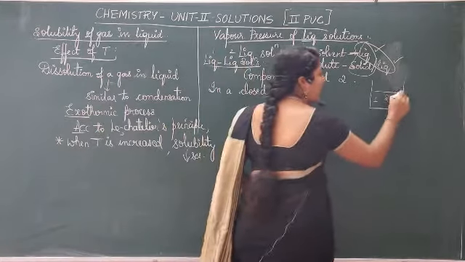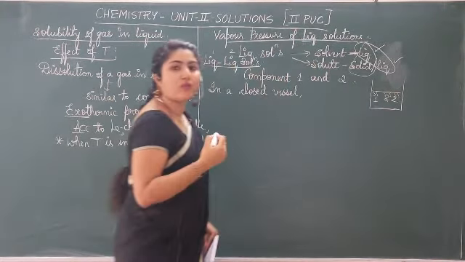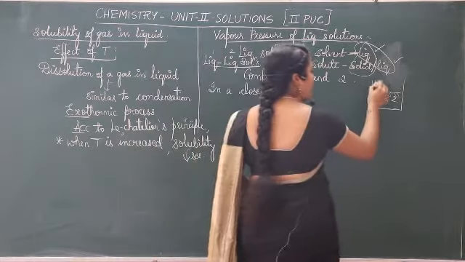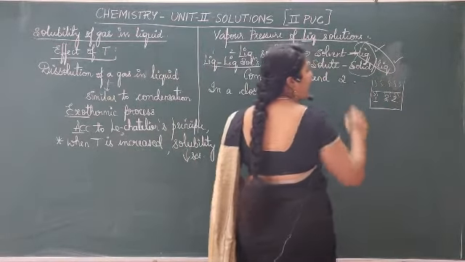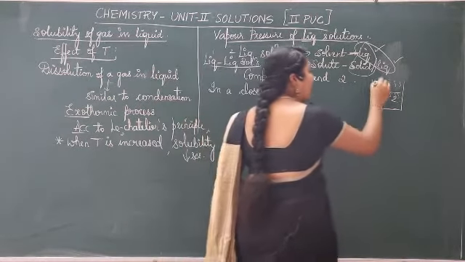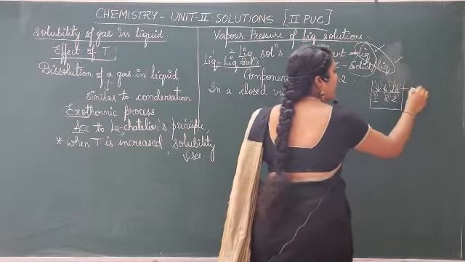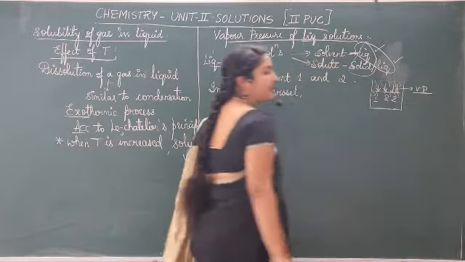Here both are volatile, so they evaporate. If they evaporate, vapors will be formed, and when the condition of equilibrium has been attained, it exerts pressure on the surface of the liquid, which we call vapor pressure.